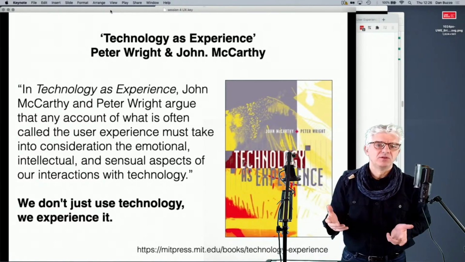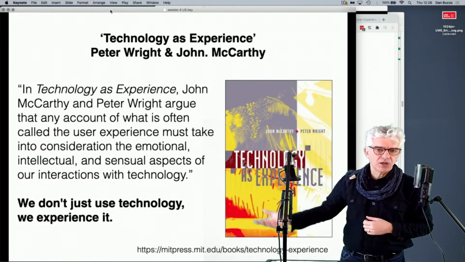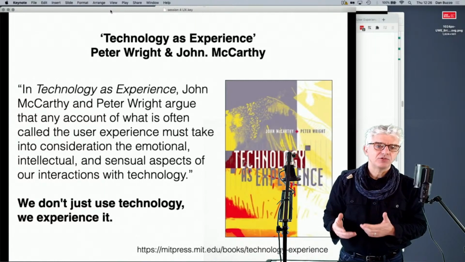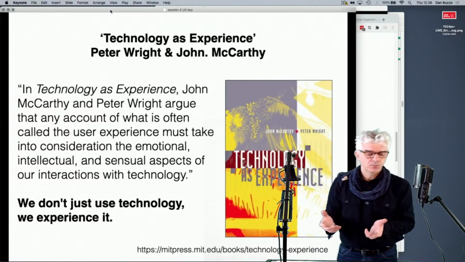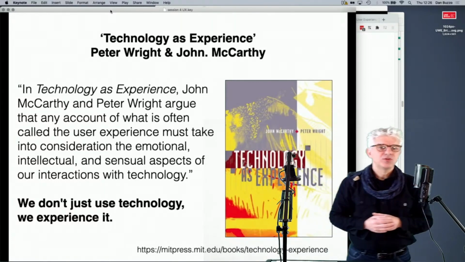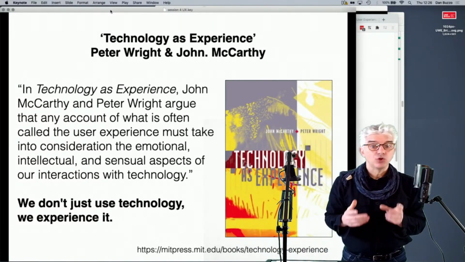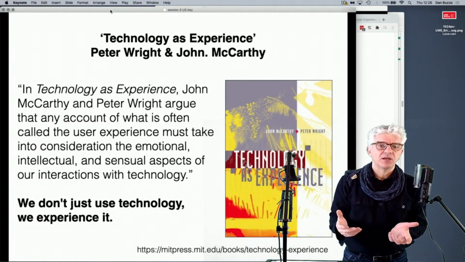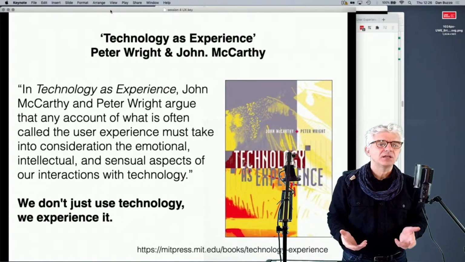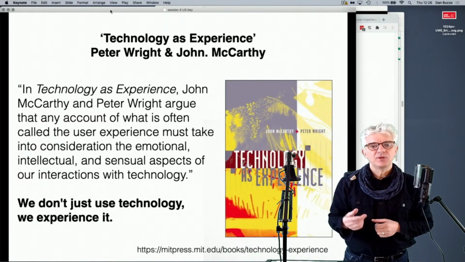We would go and experience the garden. We wouldn't walk in the countryside or go cycling and talk about using the countryside. We would go and experience it. We wouldn't go to the beach and use the beach. We'd experience it. We wouldn't go and play tennis and use tennis. We would experience playing tennis. And all of these things are akin to technology, and we experience them.